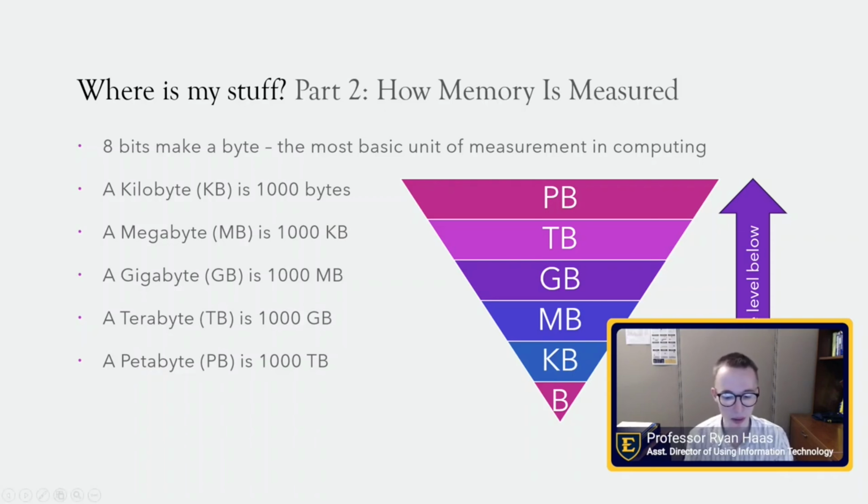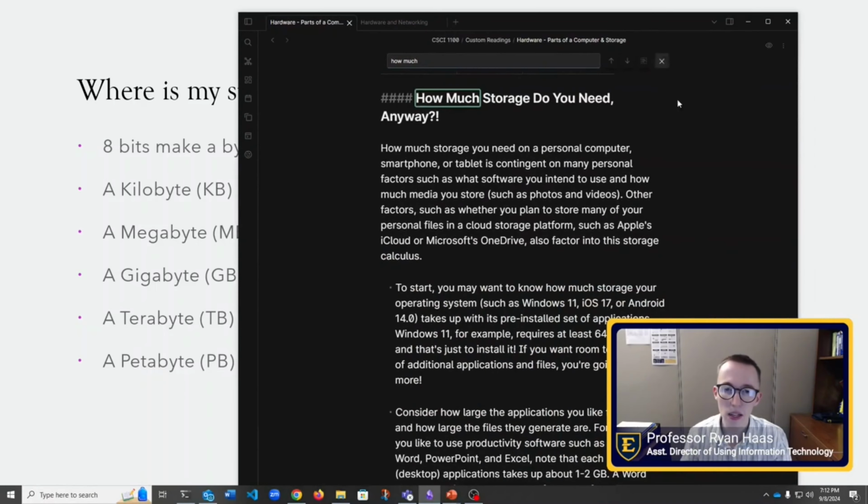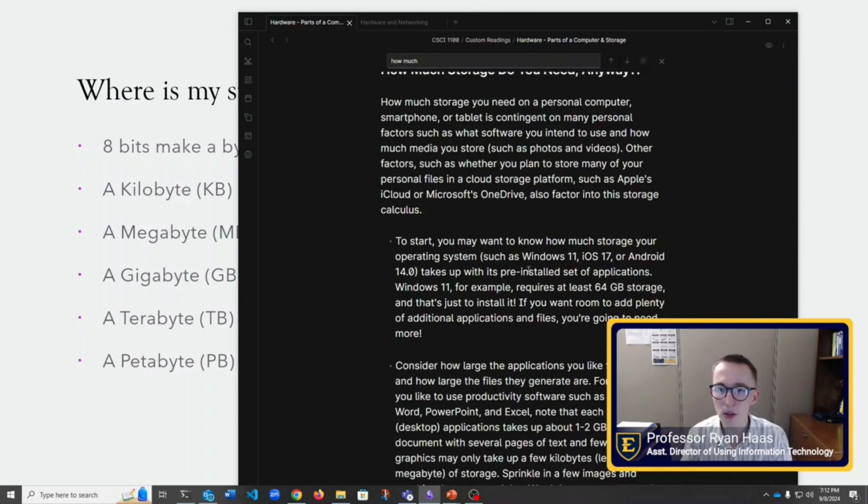So when we think about your storage needs for a modern computer or a modern smartphone, it's really subjective. It's really going to depend on a number of factors. So I've given you a little bit here to think about. It's going to depend, number one, on how much media you store.